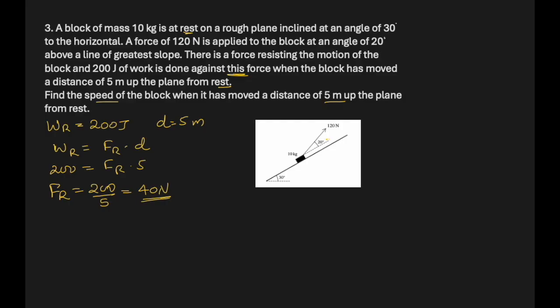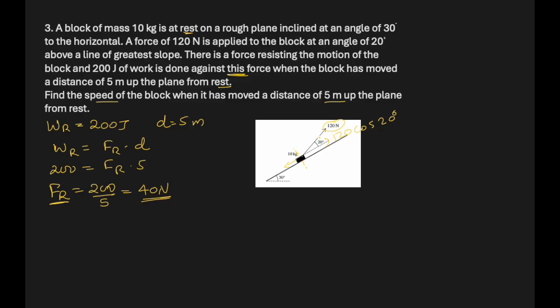So in this direction we'll have the cos component of 120, because the angle is here again. So 120 cos 20 degrees. There will be a resistive force which is friction. Because of this the normal contact force will change, but whenever they give you a resistive force, it includes friction, air resistance, everything. So there is no need to go to this component anymore.